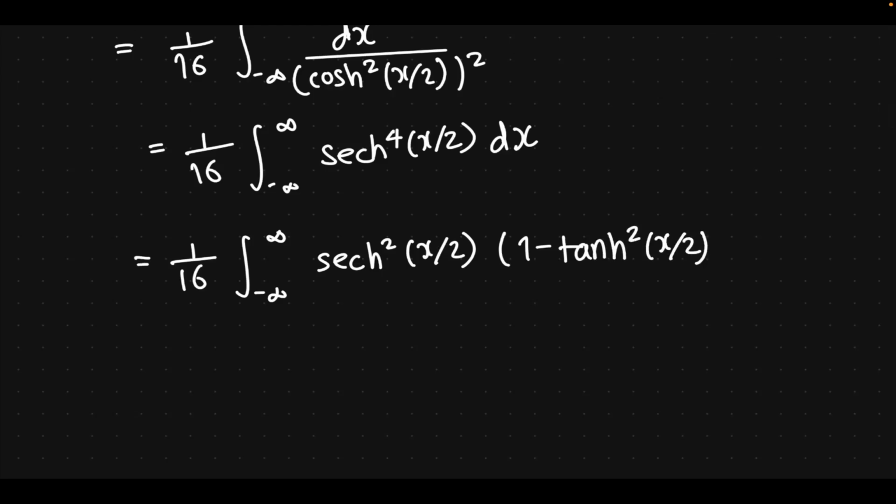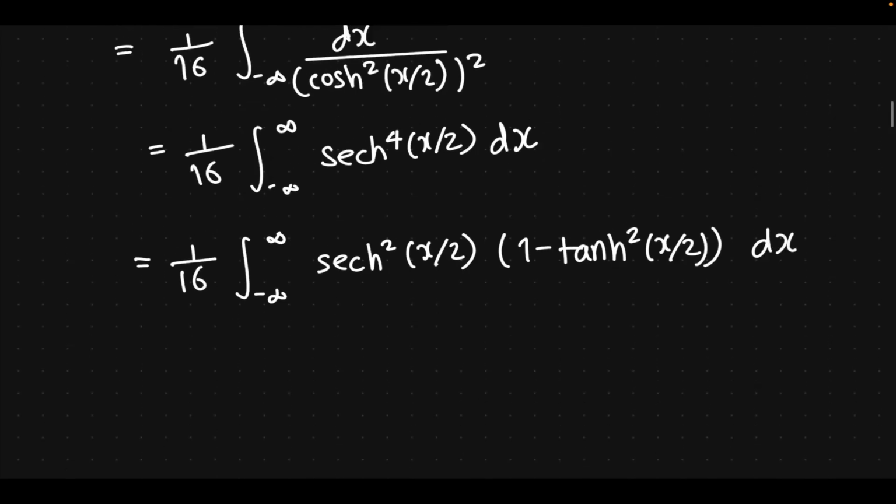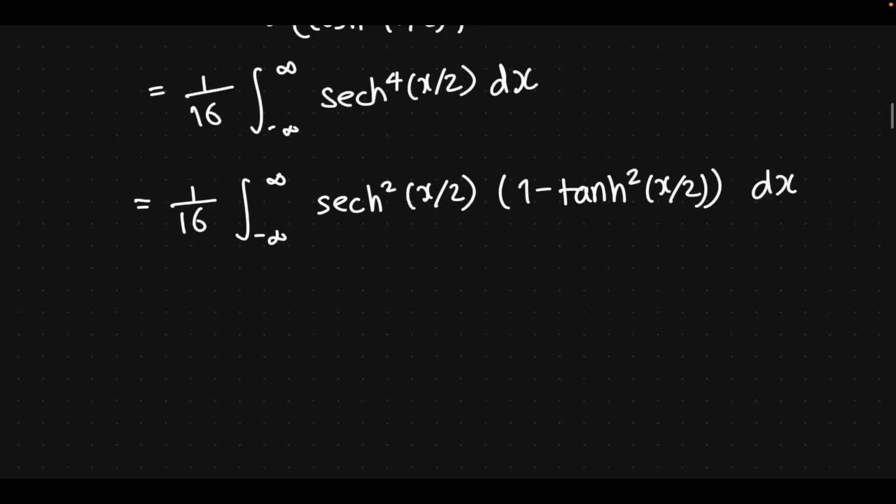Now, this is sort of counterintuitive because we know 1 plus tan squared of x is sec squared of x. Here we have a minus because they're hyperbolic trigonometric functions.